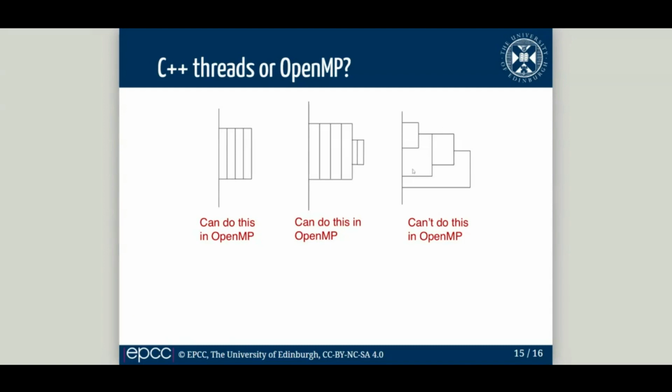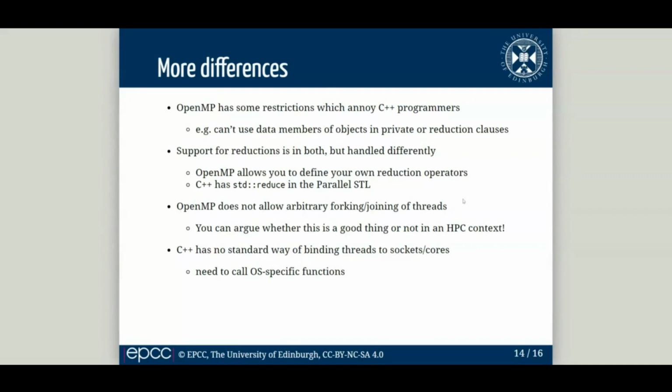Or for this pattern, you can also use the OpenMP task feature. Not sure if this answers your question. It depends on the test case that you want to solve. If it's regular, if it's a for loop, OpenMP is fine.